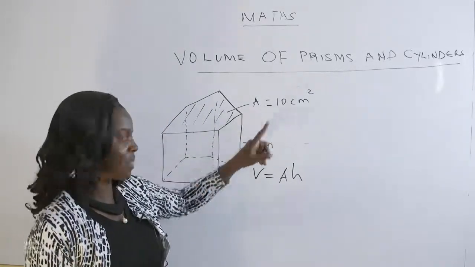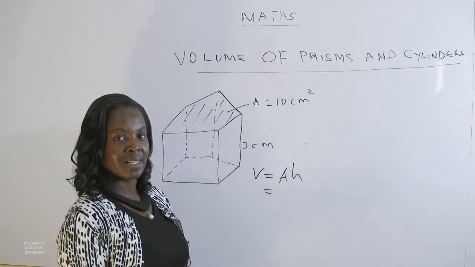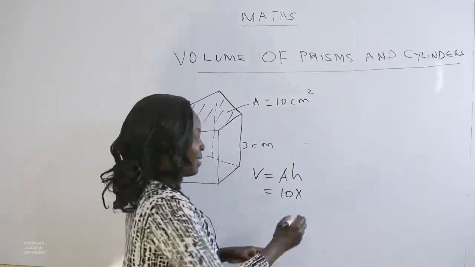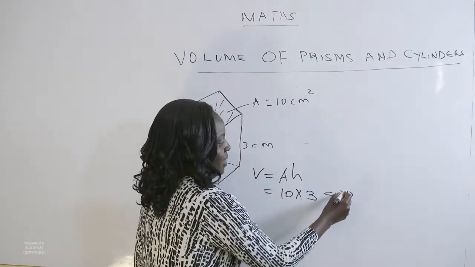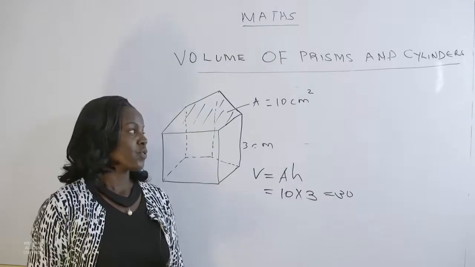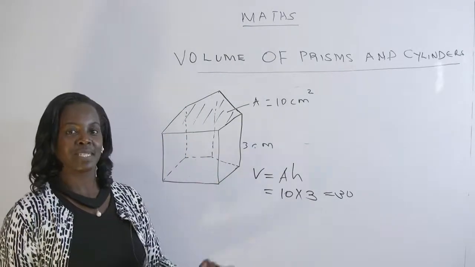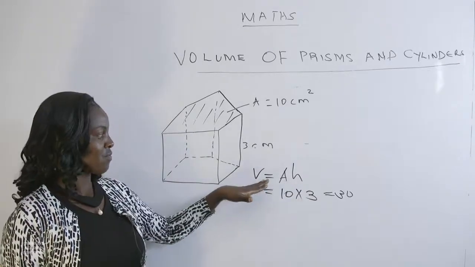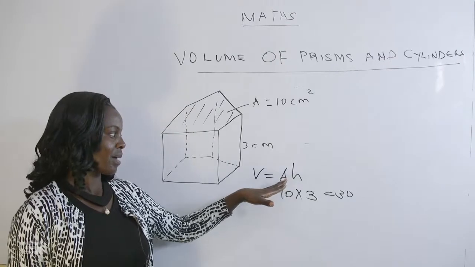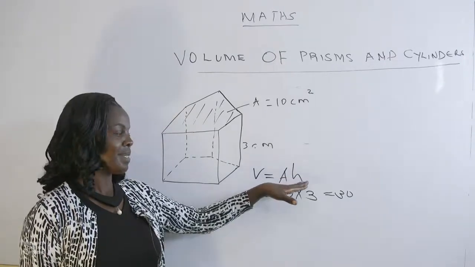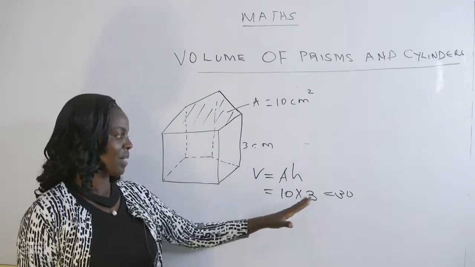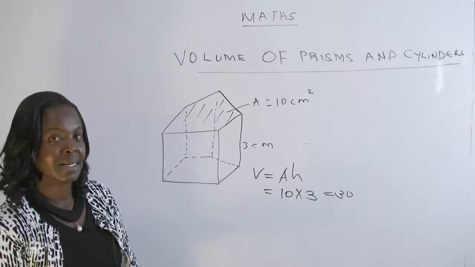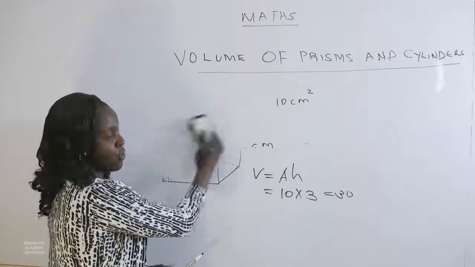Because the area has already been calculated, we only need to substitute 10 times the height, which is 3. That will give us 30. So for calculating volumes of prisms and cylinders, we apply the general rule. Volume is equal to base area times the height. And then you just substitute the values in the formula and we'll have our volume.